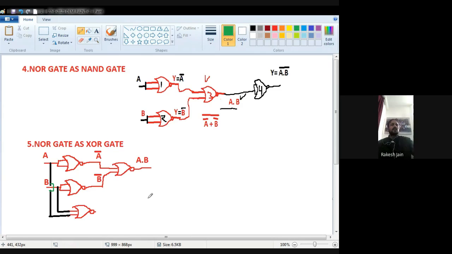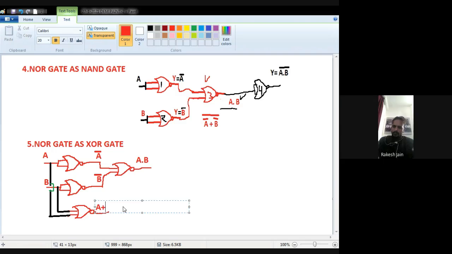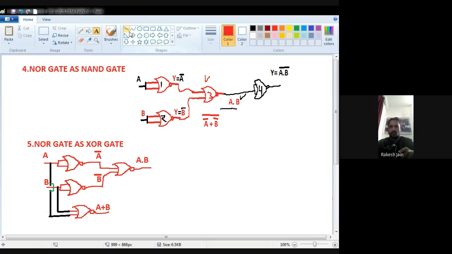You understand. One input is connected with B and one input is connected with A. So the output of this is simple NOR, because this will behave as a simple NOR gate. So A plus B having a bar.